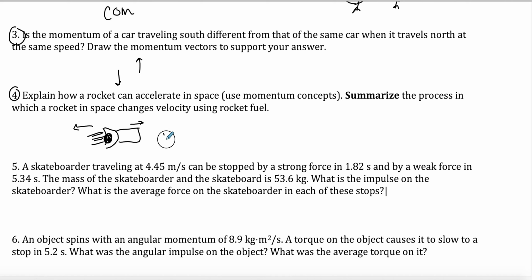So this is what we call recoil. We could also consider this conservation of momentum, because we have to have momentum conserved in order for that rocket to go forward, okay?